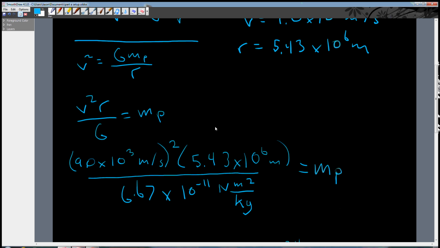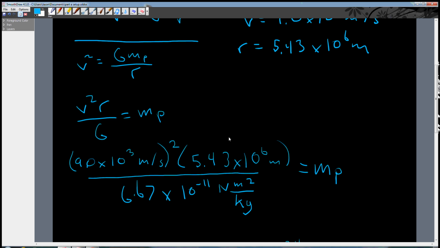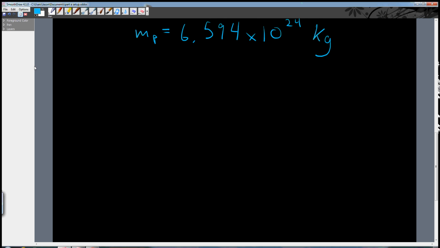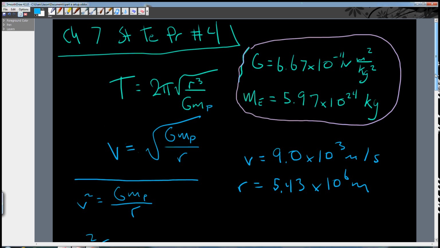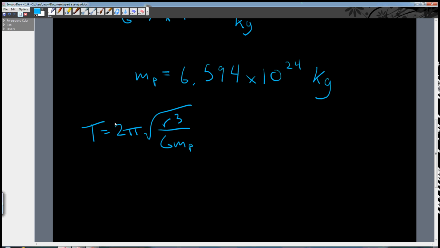So what we need to do is use our period formula now, with all this information that we've been given. Let's see if I can remember what this is. Period equals 2 pi square root R cubed over G times the mass of the planet. Is that correct? Good. Now we just got to plug in.